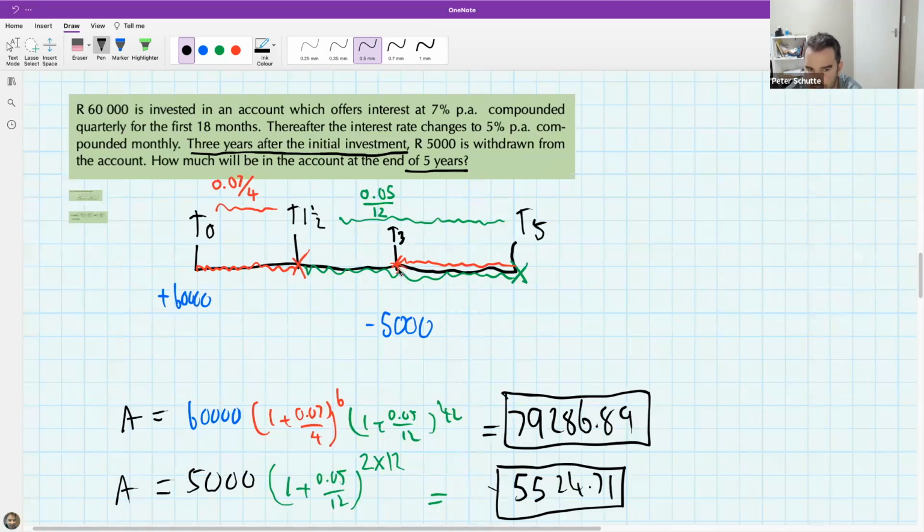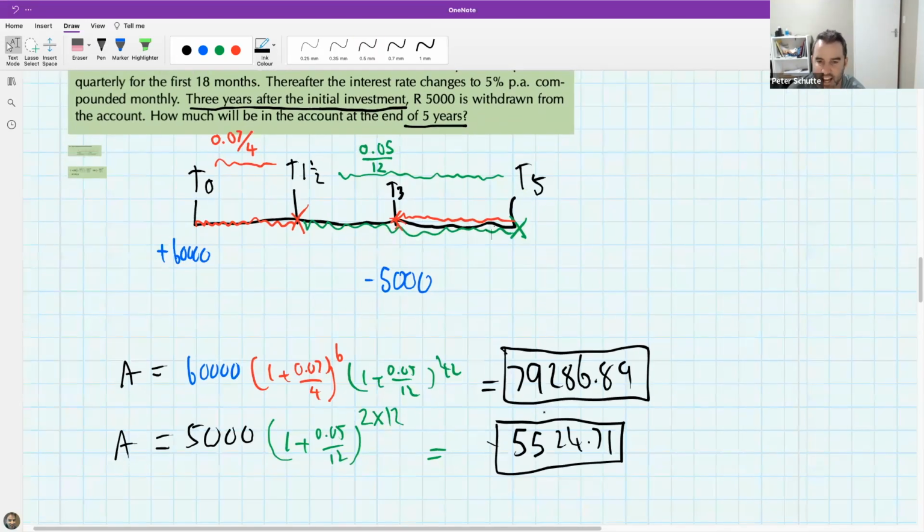How long did the 5,000 get interest on that it shouldn't have? It shouldn't have got interest from year 3 to year 5. That's the bit that I'm interested in knowing how much extra is in there by mistake. I don't know if that helps you understand a little bit. Now, it turns out that I can't just take out the 5,000.